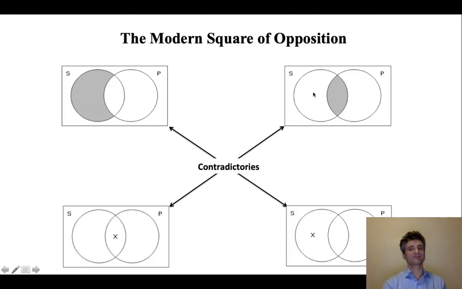Similarly, if I say no shoplifters are prosecuted, if there exist shoplifters, because think about it, S is the Venn diagram, is the family of shoplifters. Okay, so if I put an X inside S, what do I mean? I mean that there exists at least one shoplifter. What kind of shoplifter?